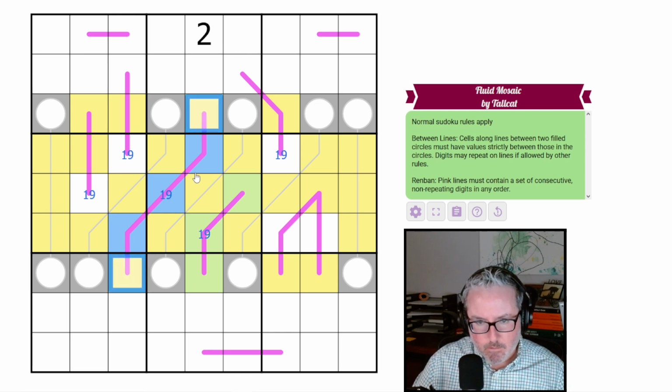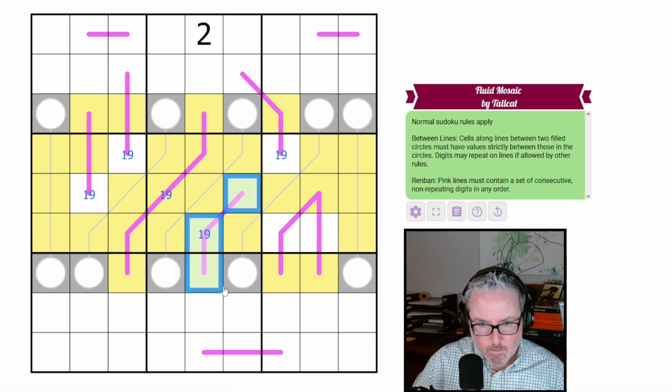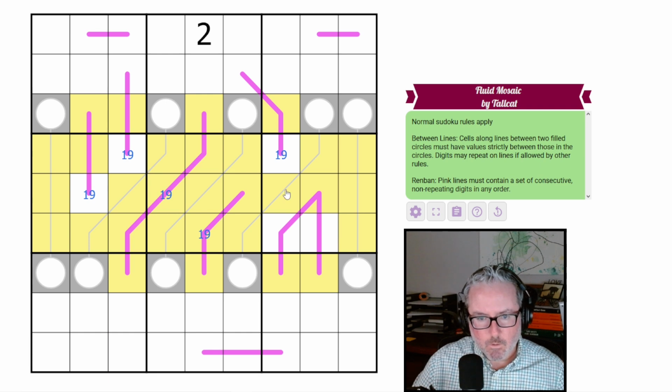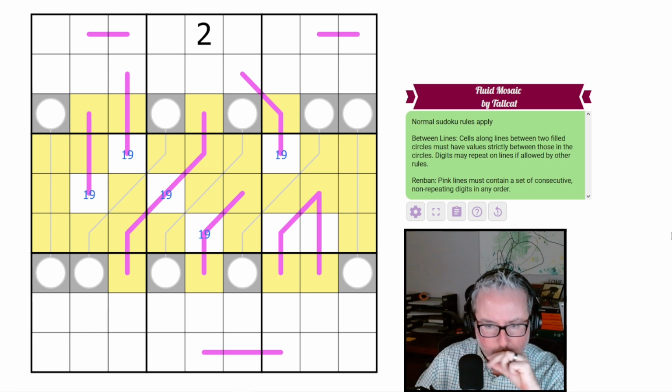I think we can get rid of this green and blue, because I don't think we can correlate the way we were thinking of doing so. One of these is a 1 or a 9. Let's just mark that like this.